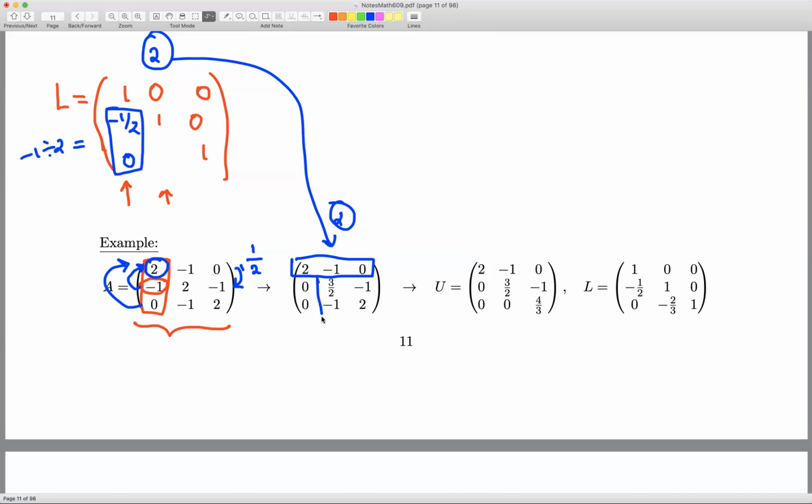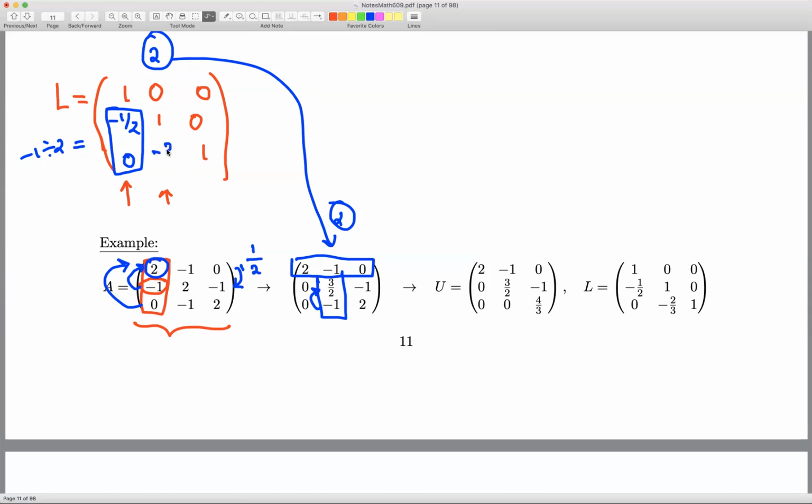What we do is look at this second column and divide by the pivot element all the elements below the pivot element. So here we have only 1, so we have minus 1 divided by 3/2, which will give me 2/3 with a negative sign.